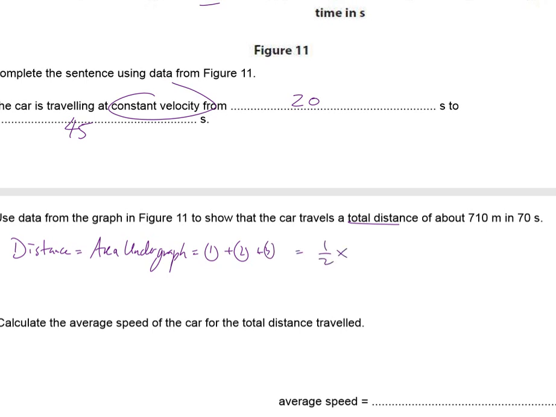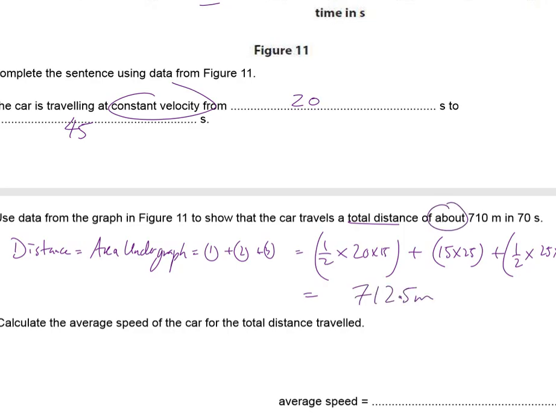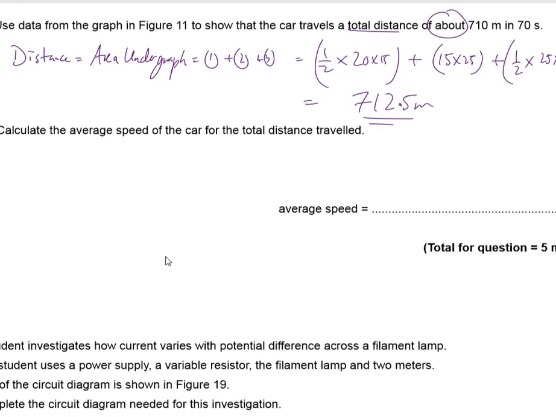We're looking for half times base times height, plus the square, plus again the half base times height. Then the answer is 7. Okay. And to get the full mark, you need to be saying that it is this number here, about.